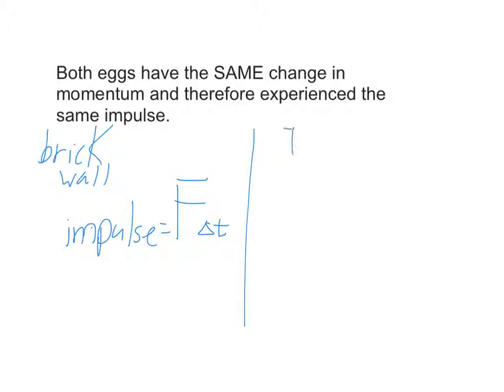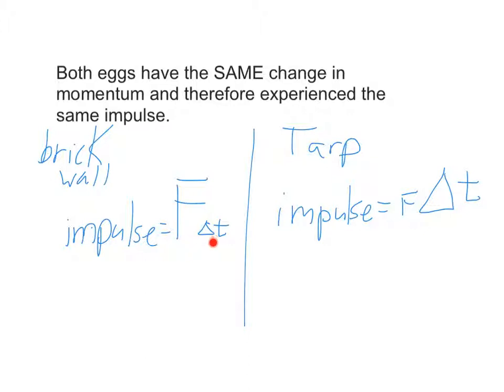Whereas with the tarp, it was the same impulse that was felt from the brick wall, but here it is a small force that acts for a large amount of time. It's these two factors of force and time in combination that determine how much impulse an object will experience.